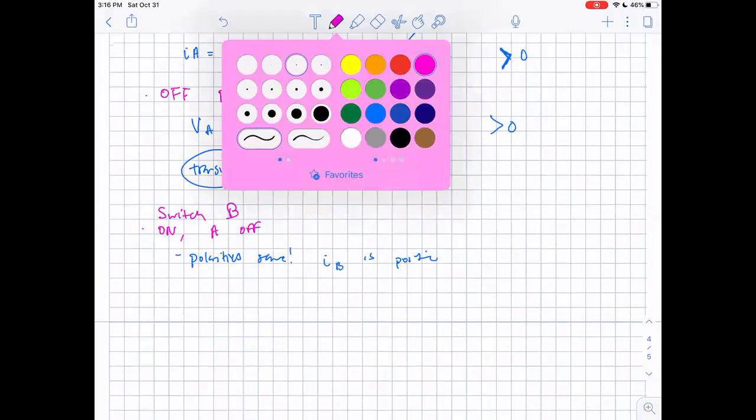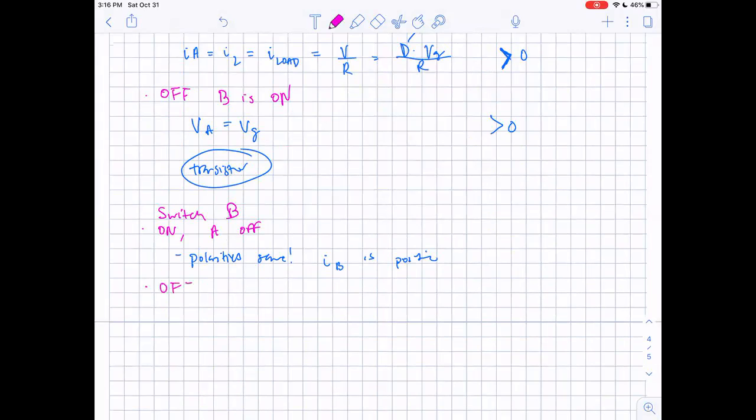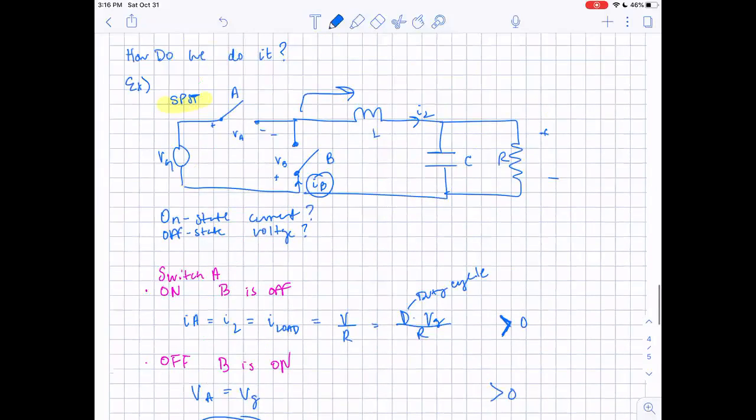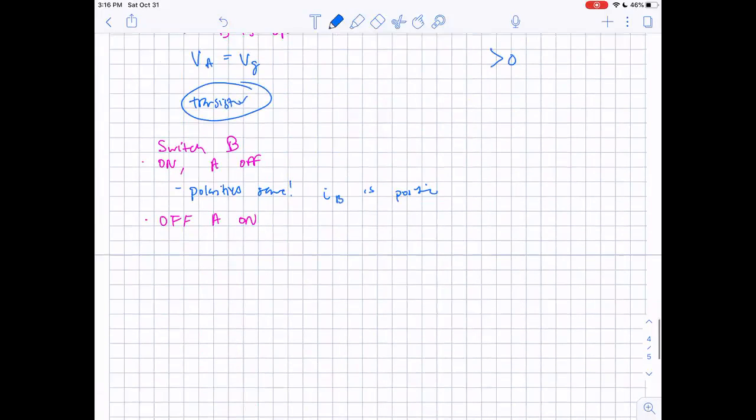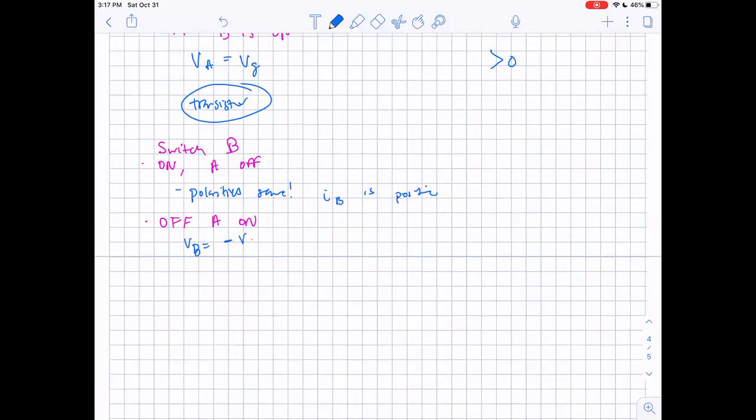Okay, and then let's go to the next case. Switching this off, and then A is on. So now switch B has to block what voltage? Switch B has to block the generator voltage. But we have defined our voltage at the switch to be minus here and plus here, so our VB must block a negative VG.